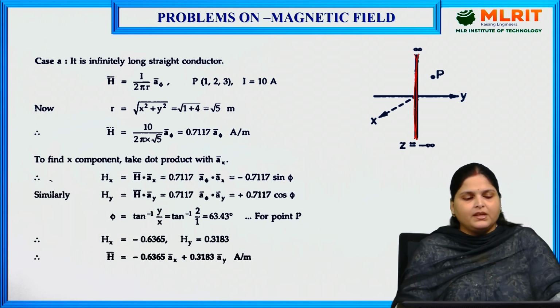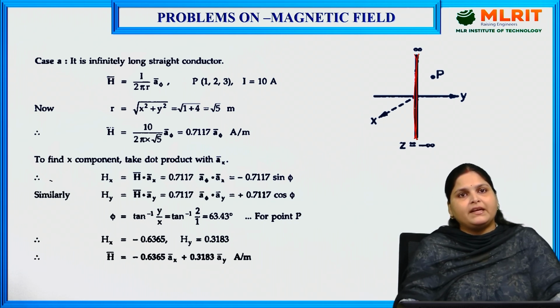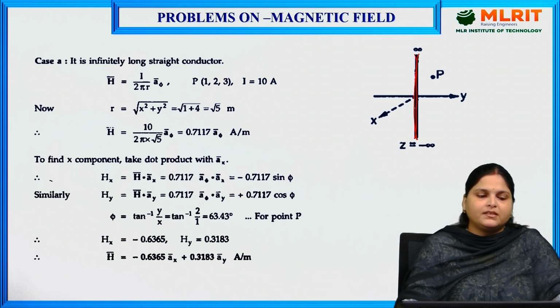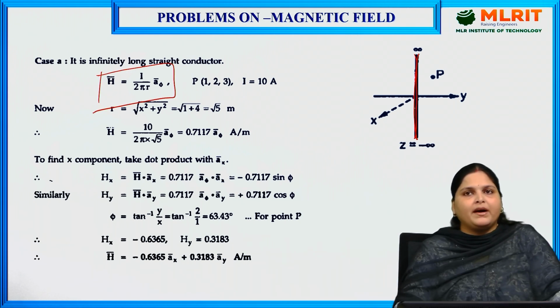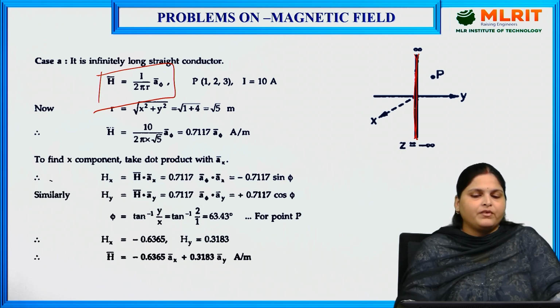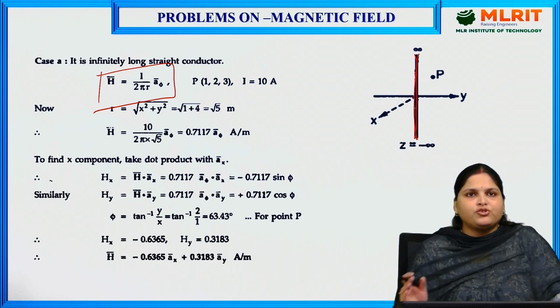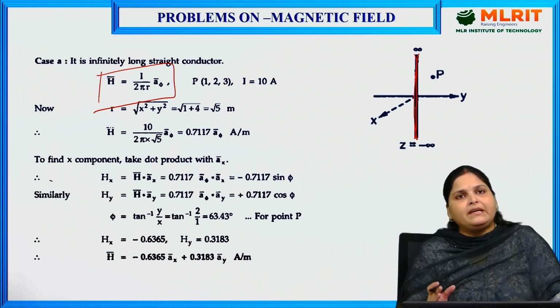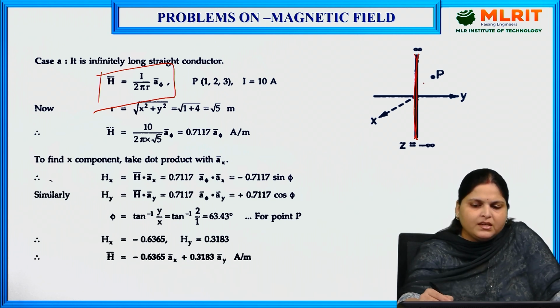As per the formula of magnetic field intensity by an infinite length current carrying conductor, the field is given by I upon 2 pi r, a phi. Where I is the current flowing through the filament, 2 pi is the constant, and r is the shortest distance between the filament and the point at which we are finding the field intensity, basically this point.